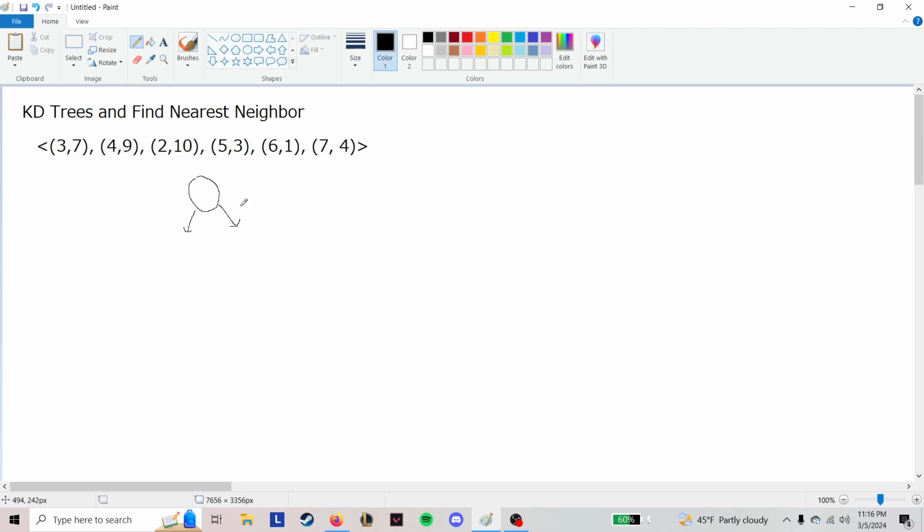The one difference between a k-dimensional tree and a binary search tree, though, is that the k-dimensional tree will actually care about another input called the dimension. And the dimension is just whatever current dimension you pick that you want to compare the points on. What that allows you to do is, at every level of the tree, pick a dimension and pick a pivot point. I'll show you what that looks like with an example.